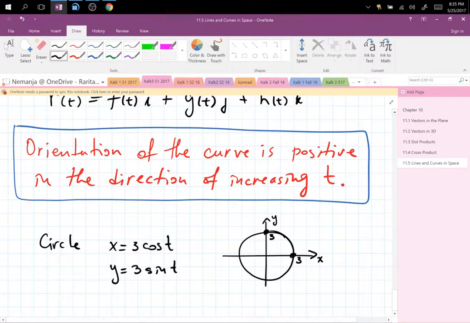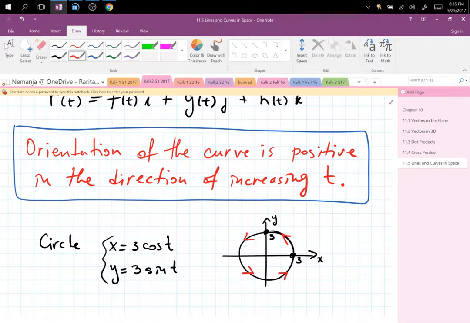What you might have forgotten is that the orientation is counterclockwise. We do have an x and a y, which is 2 degrees of freedom, but then we also have t, which gives us an extra degree of freedom, and it manifests itself as the orientation, which way the motion goes.